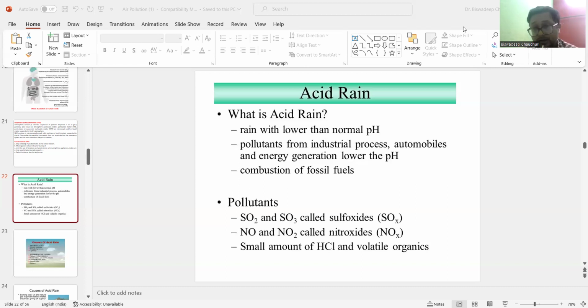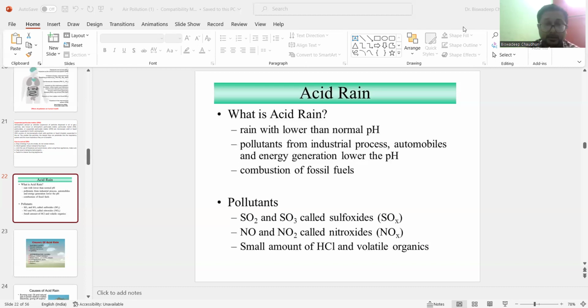Rainwater means pure water we are considering. That is H2O. Then it is mixing with those gases, and when the droplets are coming, we are getting simply acidic water. Acidic water means pH is very low, maybe 4, 5, something like that.